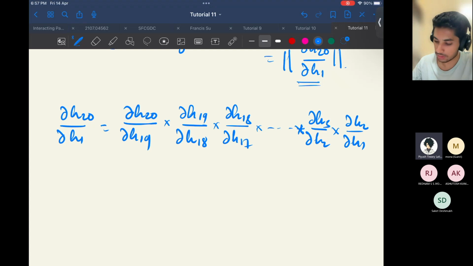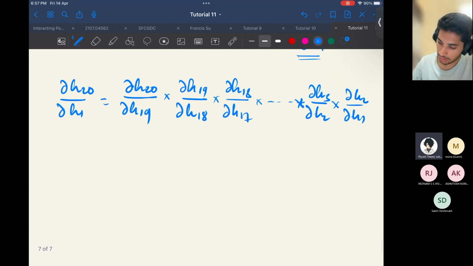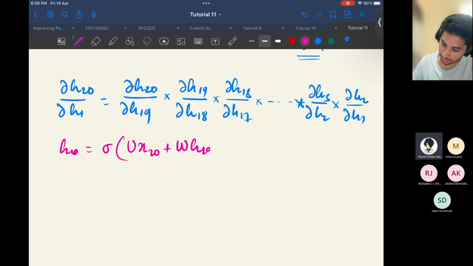So I am using the simple chain rule. Why am I able to write this? Well, remember that your h20 looks something like this: sigmoid of U times x20 plus W times h19 plus b.